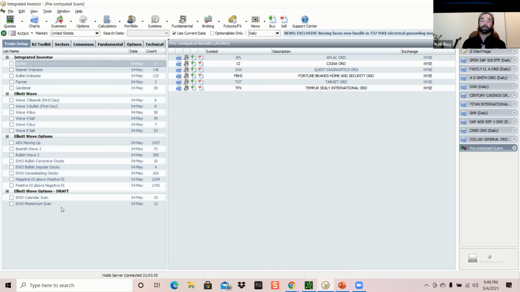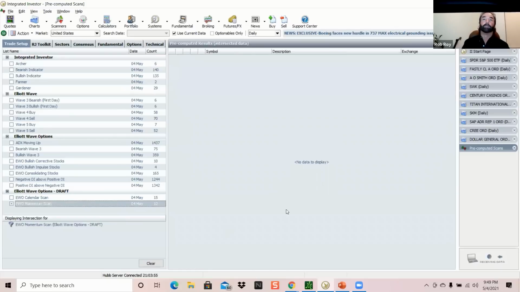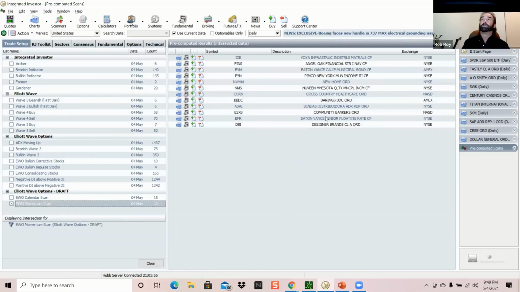A lot of people look at the small caps to say, okay, do we have some significant momentum, hence the name momentum scan, to move the market higher? So let's take a look at them. So there's 12 of them. So just out of curiosity, we can come up here and we can also click on bullish wave 3.